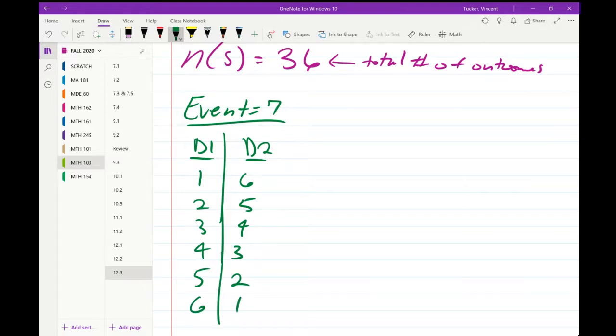So all those add up to give us 7. So you get 6 different ways that we can get a 7.